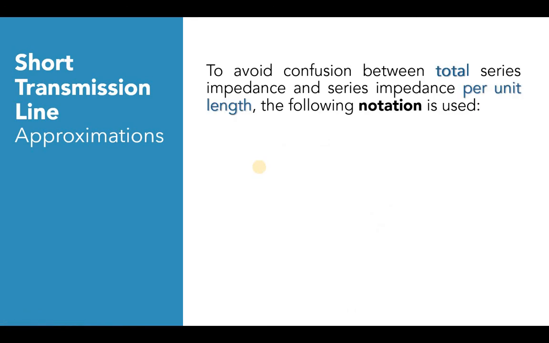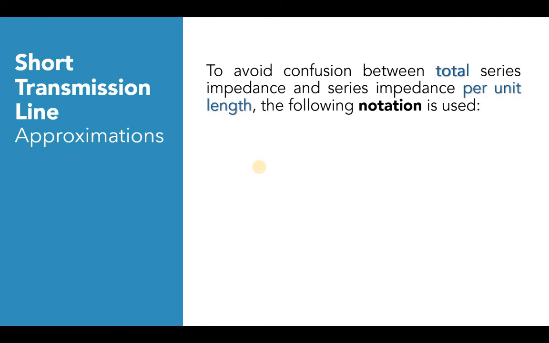Now, there is a notation that's being followed, so that we will not be prone to the wrong use of the total series impedance and the series impedance per unit length. For example, in our previous calculations, we expressed the L, diba, in henry per meter.